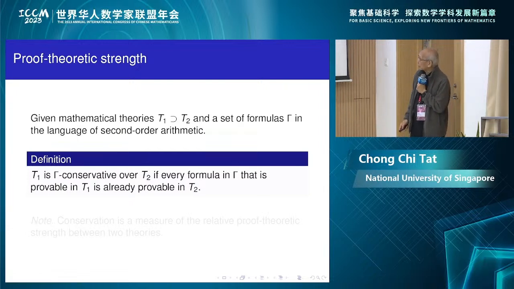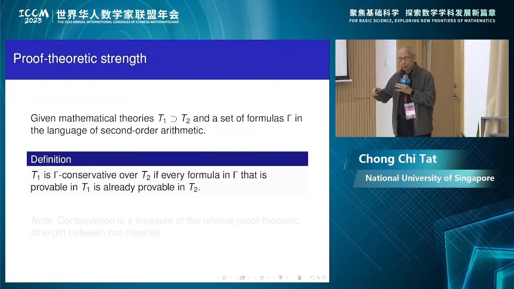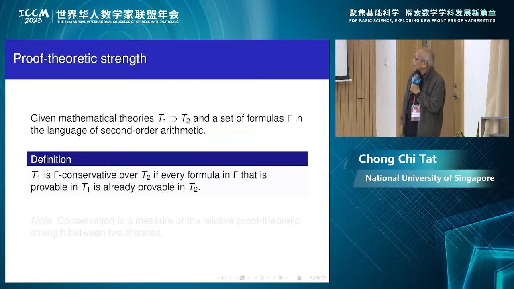So in particular, if you take T1 to be a bigger system than T2, T2 is a subsystem of T1, then T1 is Gamma conservative over T2 if every formula in Gamma which T1 proves is already provable in T2.